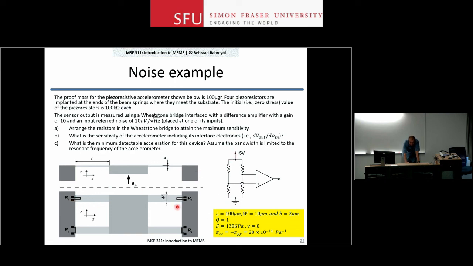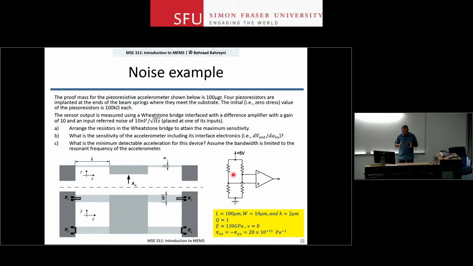So R1 here, I need to put either R3 or R4 down here. And then next to it should be the one that increases, so this is going to be R2, and again, whatever is remaining up here. So when you go through this Wheatstone bridge, you have to alternate. One goes up, one goes down, one goes up, one goes down, right? That's how you ensure the maximum sensitivity.